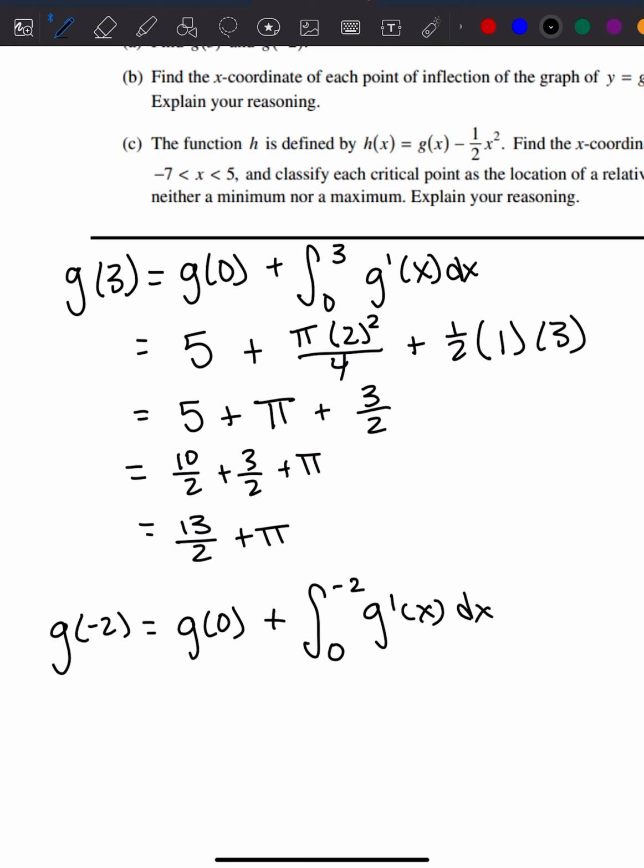So the one thing that we want to do here to kind of help us out is we want to change that integral. One of the things we learned earlier is that if I switch the interval, so I want to go from -2 to 0, g prime of x dx, I just need to now subtract.